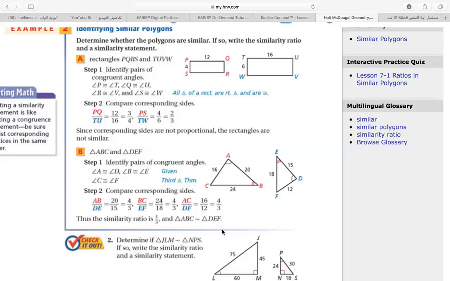The bigger. Okay, so the one to the left, which is JLM, right? Yes.